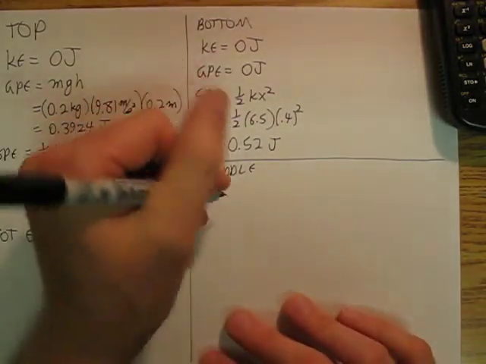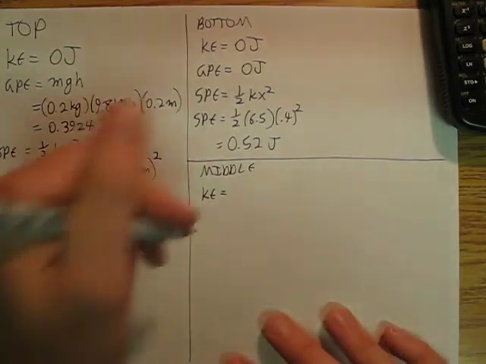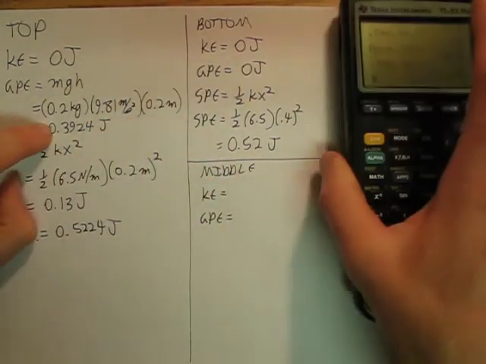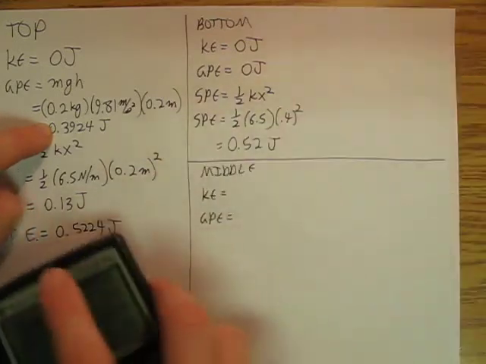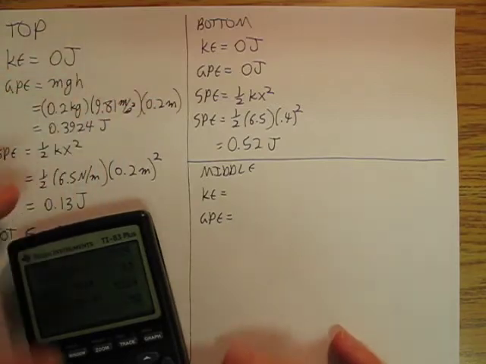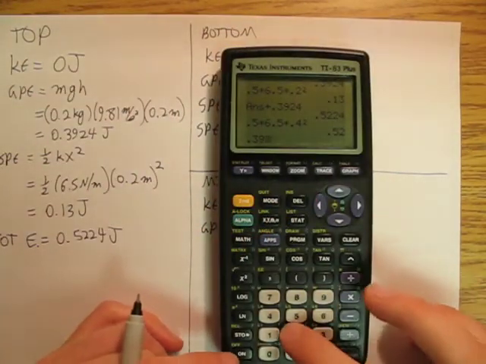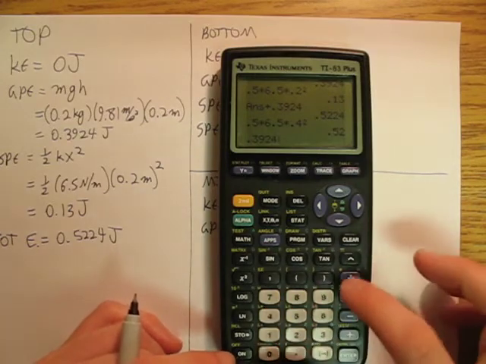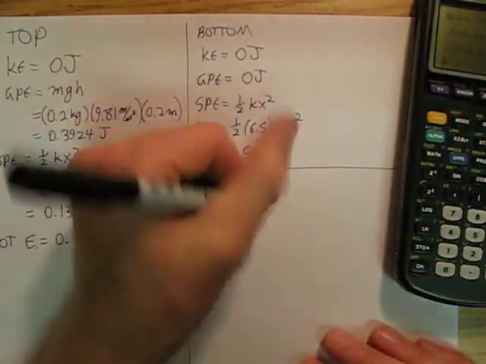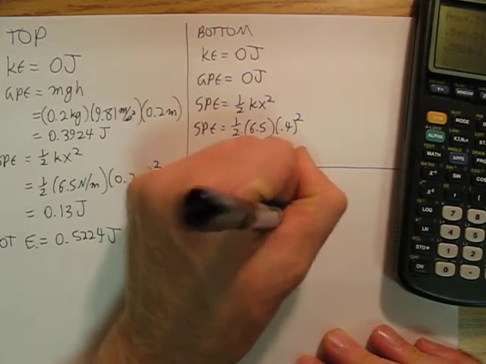we're going to say that kinetic energy is something we don't know yet. The gravitational potential energy is going to be half of that, because it's 0.2 times 9.81 times 0.1. So 0.3924 divided by 2 gives 0.1962 joules.